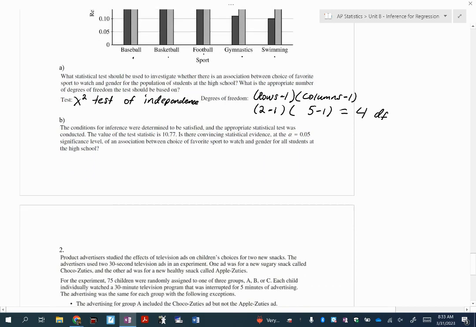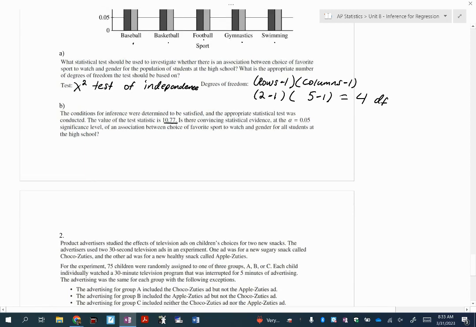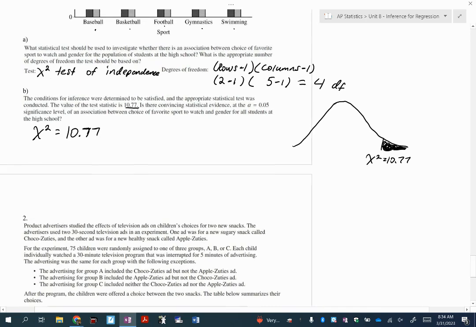Now, part B says that the conditions for inference were determined to be satisfied, and they gave us an appropriate test statistic, a chi-squared test statistic of 10.77. So if you were to draw that curve, remember chi-squared is skewed to the right. And here's 10.77, we're shading to the right. We need to use our calculator to figure out the p-value, that area under the curve.